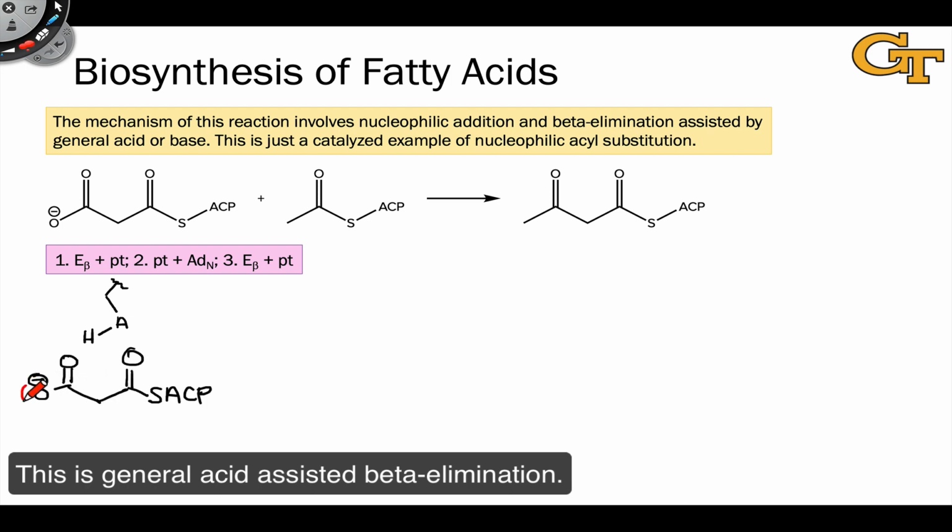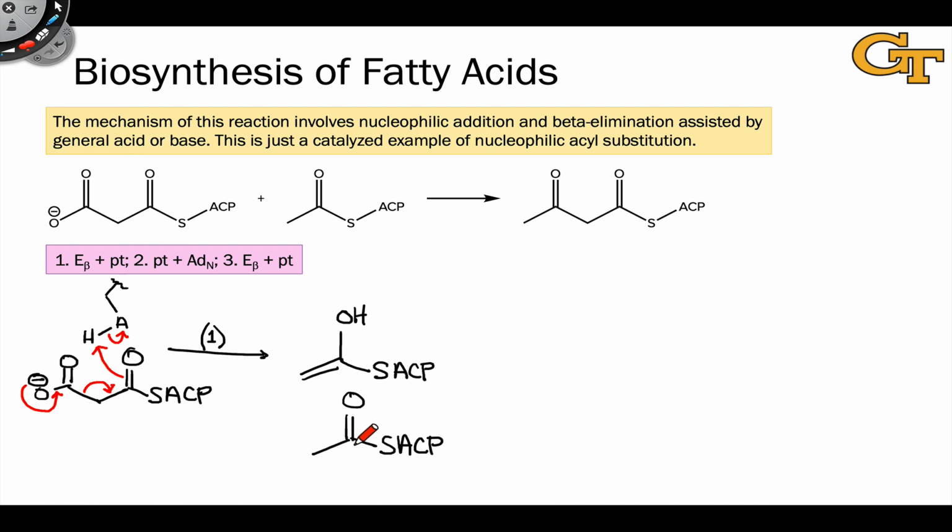Malonyl ACP undergoes a beta elimination of carbon dioxide and simultaneous protonation to form an enol intermediate. On the last slide, we thought about this as an enolate, but under biological conditions, we want to avoid that reactive enolate intermediate. And so in this first step, a nucleophilic enol of acetyl-CoA is formed.